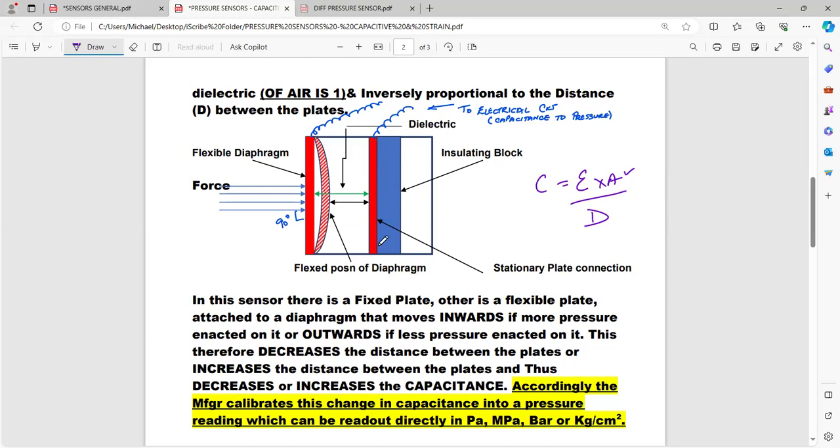Let's take the dielectric over here as air. Once that air is inside, that is not going to change, so your epsilon is constant.